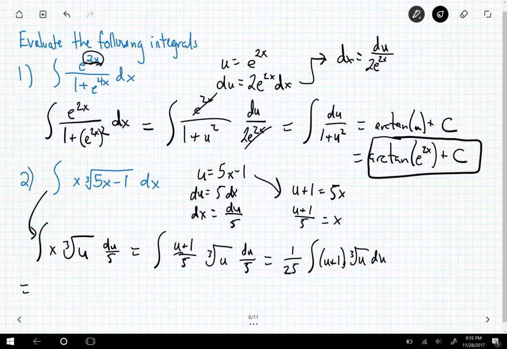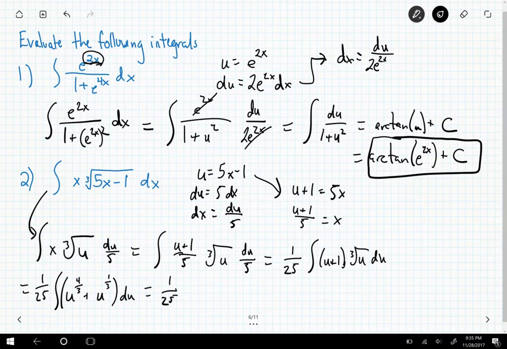Now how do we solve this one? This one scares people at times, so just distribute the cube root of u to both terms. And so we have 1 over 25 times the integral. It would be u to the 4/3 plus, and then I'll write the other one as just u to the 1/3, and then we have du.